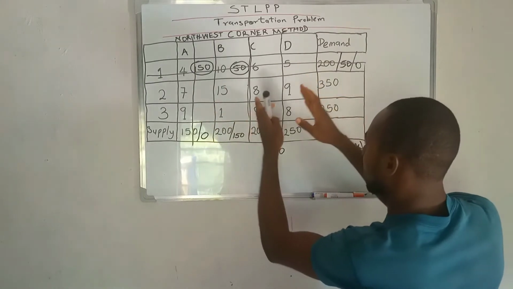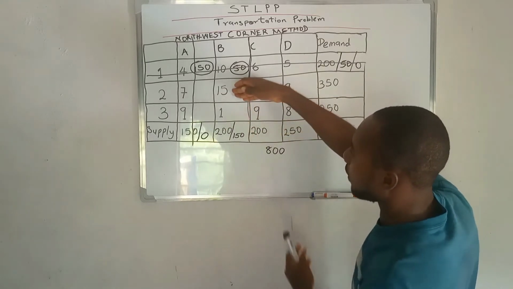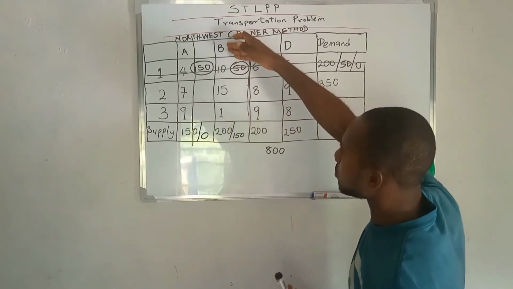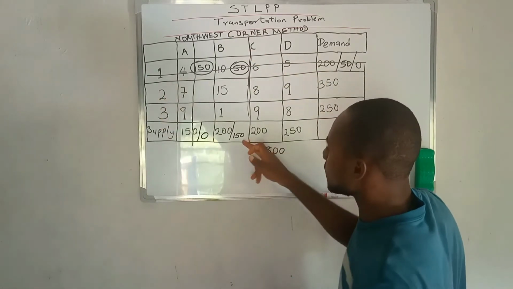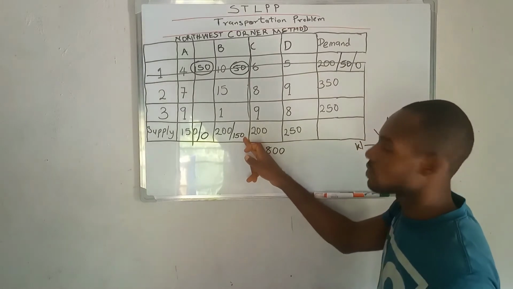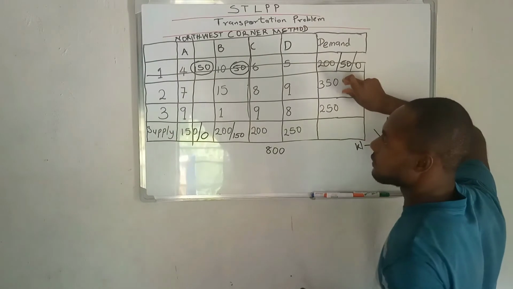We plot our graph again in the middle of the board, and we find that the next place will be transporting from unit B to the second store. In unit B, they have 150 goods remaining, and the second store needs up to 350 goods.